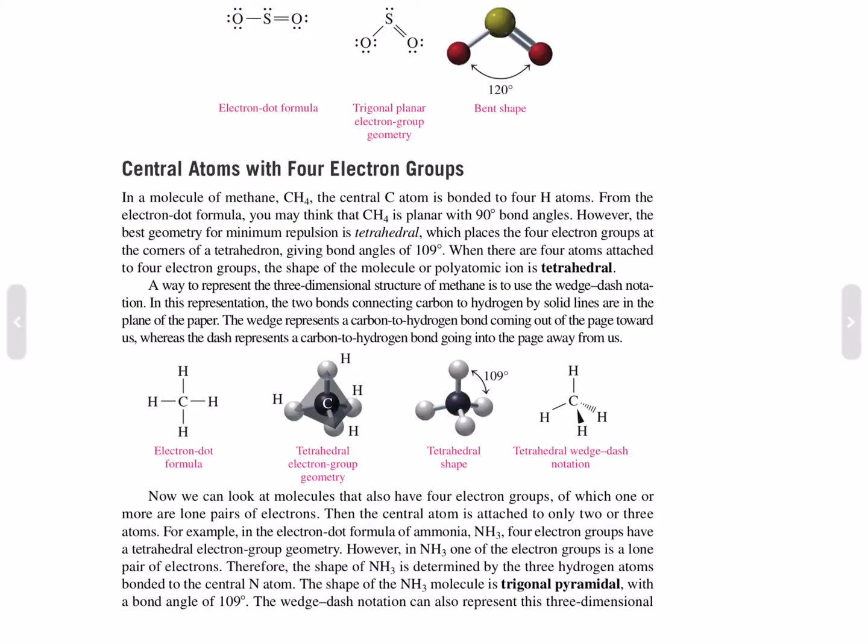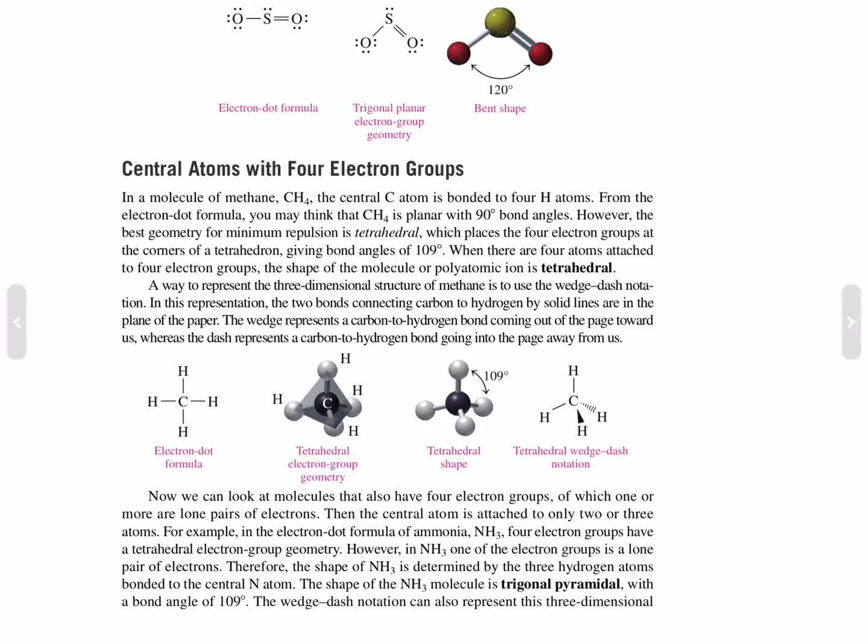Now we can look at molecules that have four electron groups, of which one or more is a lone pair of electrons. Then the central atom is attached to one or two or three atoms. For example, in the electron dot formula of ammonia, NH3, four electron groups have a tetrahedral electron group geometry. However, in NH3, one of the electron groups is a lone pair of electrons.